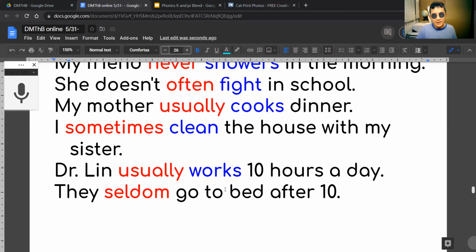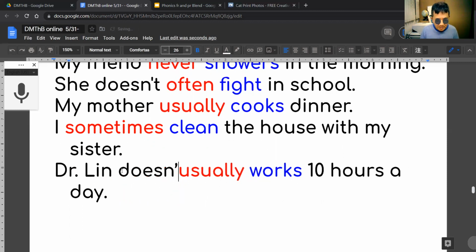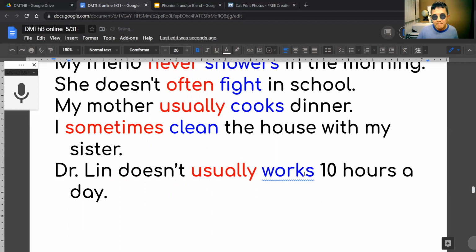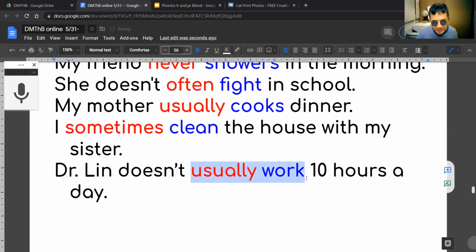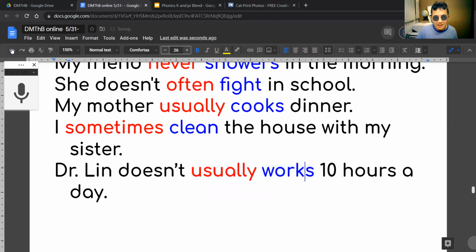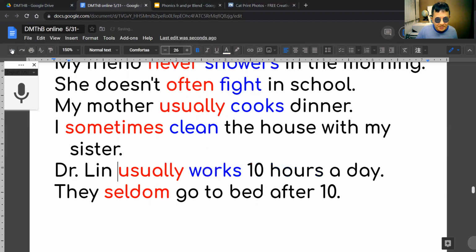And that doesn't change, even if we negate the sentence with doesn't. Here the position doesn't change, as we have said many times now.